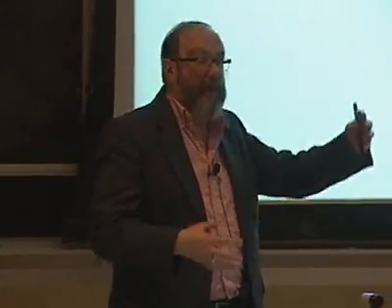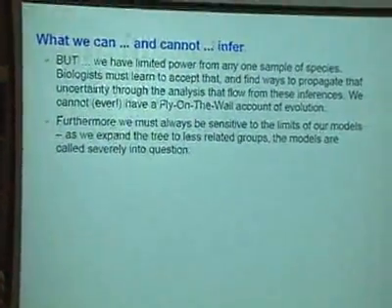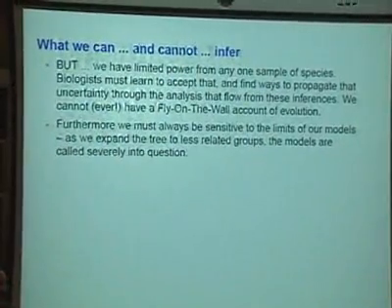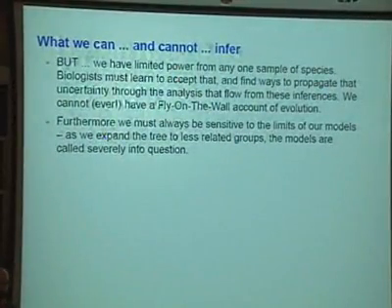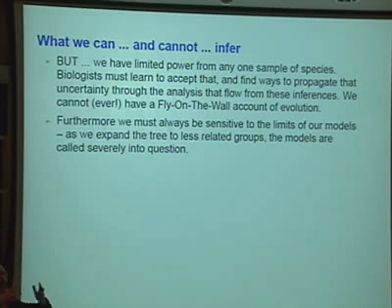And we're just going to have to learn to live with that and learn to propagate our uncertainty through our analyses. But furthermore, we're using here very idealized models such as Brownian motion. Obviously, those aren't really correct. When people try to make the estimates more precise, they say, well, let's go to a much larger number of species.